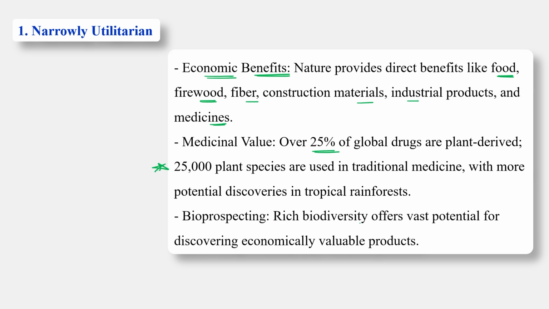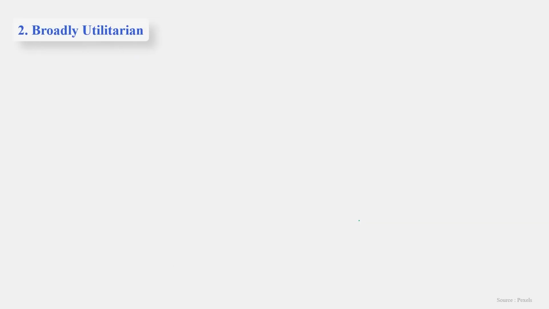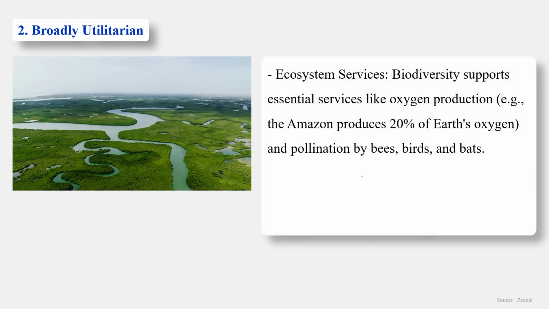Bioprospecting means rich biodiversity offers vast potential for discovery of economically valuable products also, right? Now if we look broadly, the ecosystem provides us important things like oxygen, which is essential for our survival.